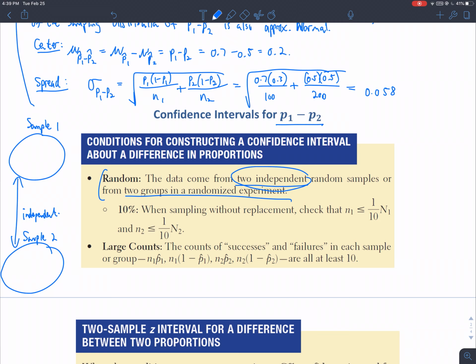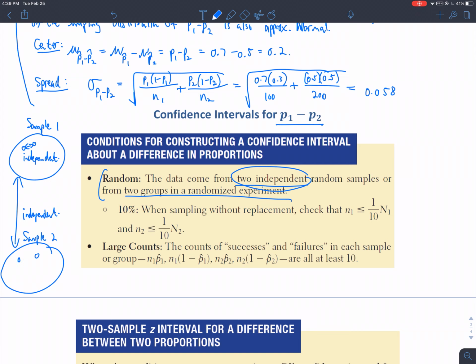But also we have to be able to say that the individuals and their responses inside the group are independent of each other. That's quite tricky, so we will have to think about that.